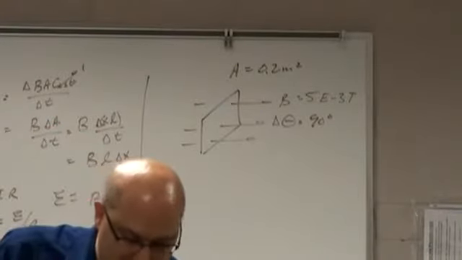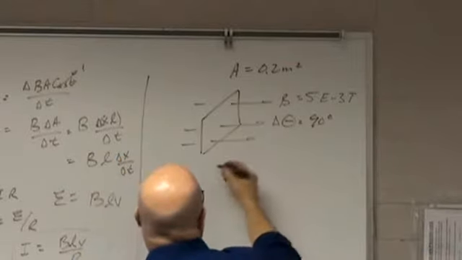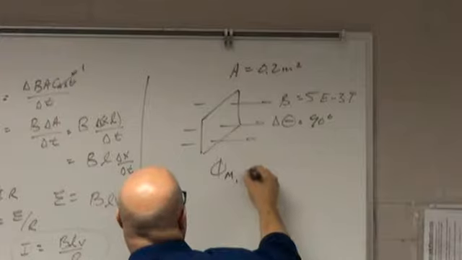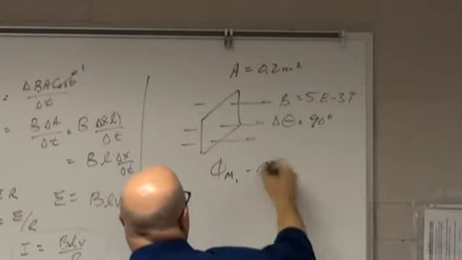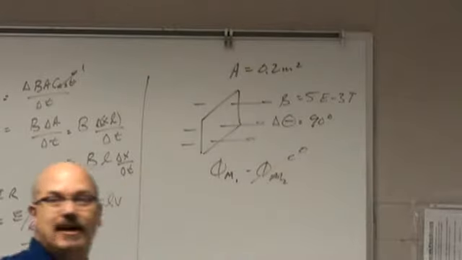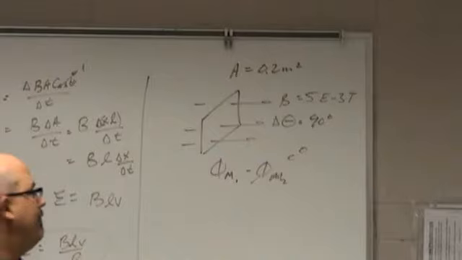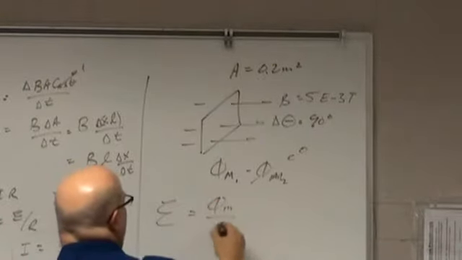So all I have to do to find my change in flux with time is flux magnetic initial minus flux magnetic final, and my final is 0, right? So I just have to calculate my initial flux and divide it by the time. So my EMF is going to be my flux over time.